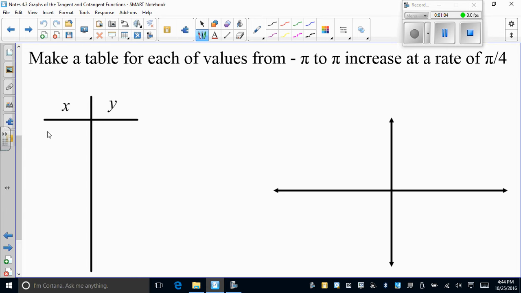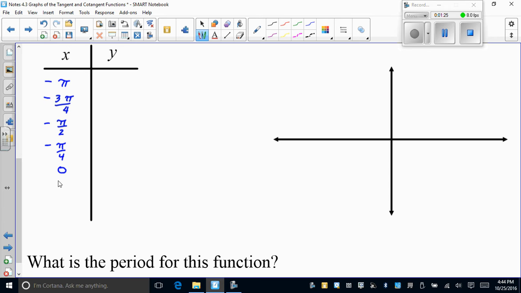Negative pi, negative 3 pi over 4, negative 2 pi over 4, which is just pi over 2, negative pi over 4, and then 0. And then from there, we'll go into our positive values: pi over 4, pi over 2, 3 pi over 4, and pi.